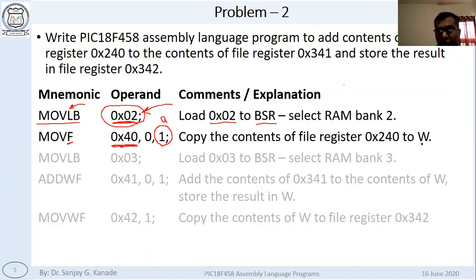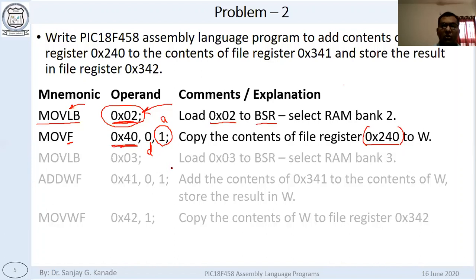That's how it comes to be 0x240. So the contents of 0x240 go to W. Okay. F, D, A. D in this case is 0. That's why the destination for the data is W.